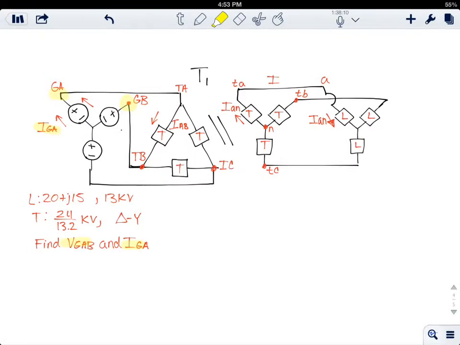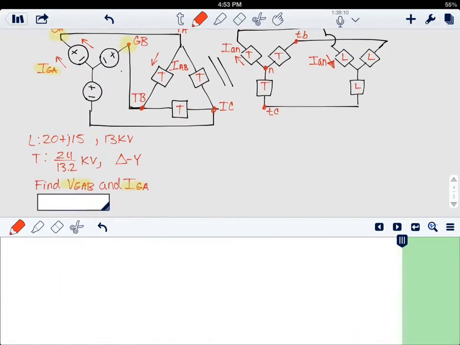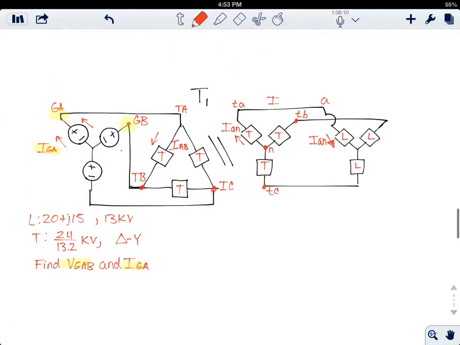Hi there. So we are asked in this exercise to find the line current, line voltage from point A of the generator to point B of the generator, and also the phase current of the generator.